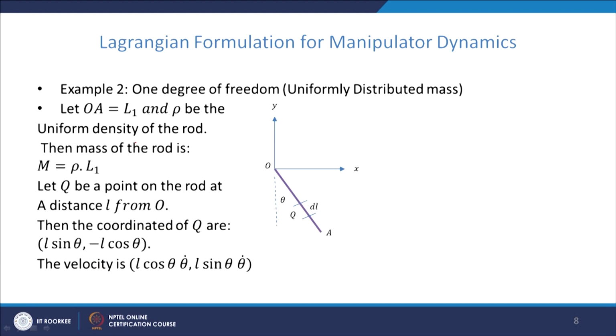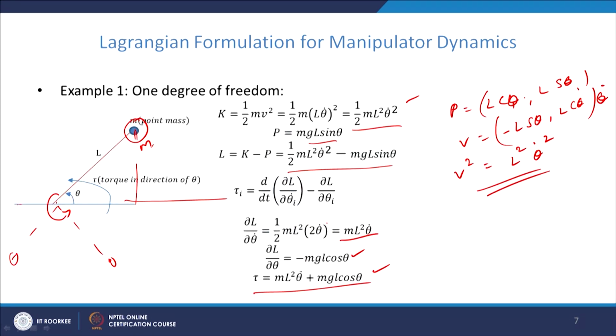Now, instead of assuming that the mass is concentrated at the end of the pendulum, we assume that the mass is uniformly distributed. While constructing the dynamic equation, we can fix any of the axes for measuring the angle.